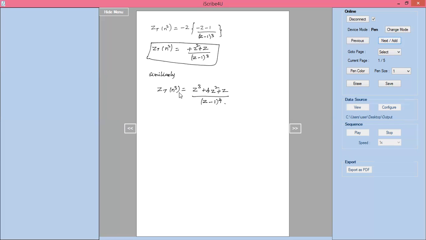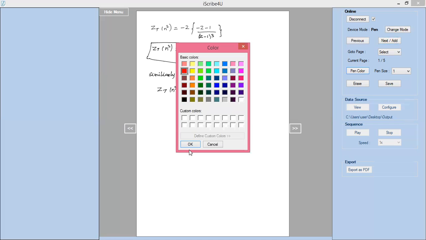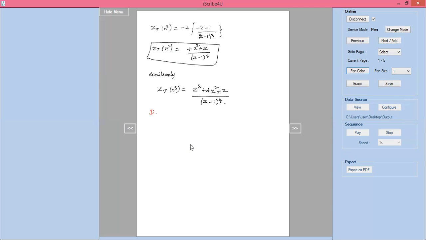Next, the damping rule. So what is the damping rule? The damping rule is nothing but: if the Z transform of u_n equals u bar of Z, then the Z transform of k power n into u_n equals u bar of Z by k.